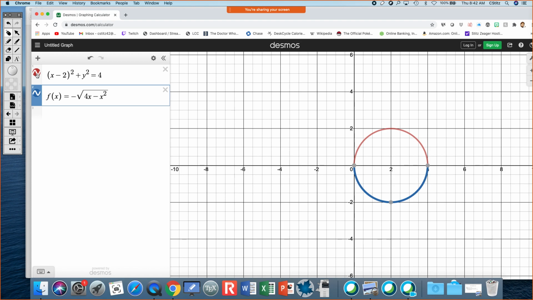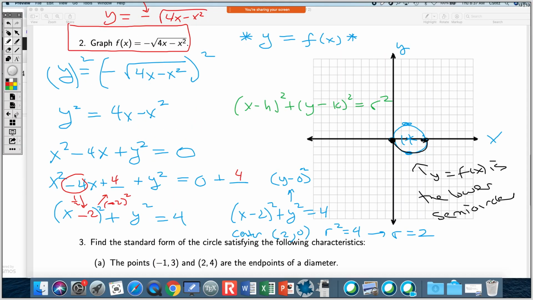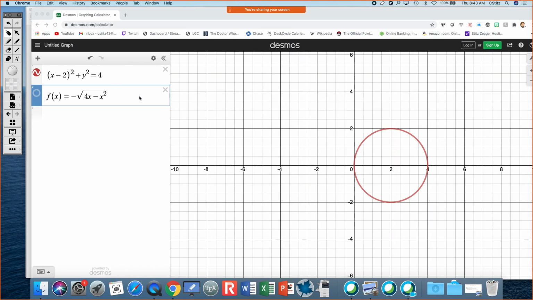So going back and looking at specific instances where we changed form to help us with a problem, and here's an example of that. We took this function, we didn't know what it was, identified it as the lower half of this circle, and there it is. So now we know all about that graph.